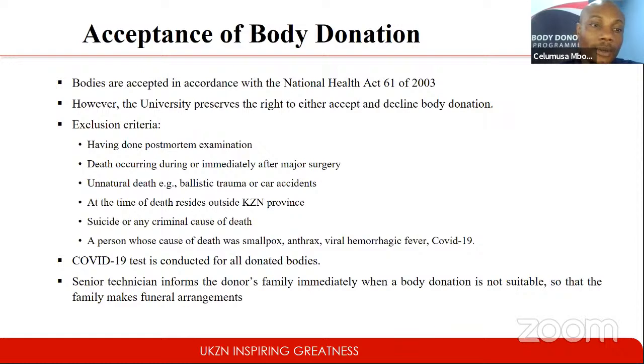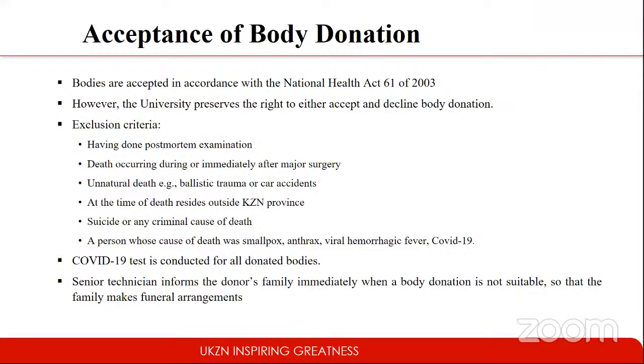Earlier, Dr. Tigama touched on the criteria that our university uses in terms of determining which bodies will be suitable for our purposes and which bodies will not be suitable. So the first three reasons which are highlighted under exclusion criteria, those cases will be bodies which, because normally we use the arterial system to preserve bodies.